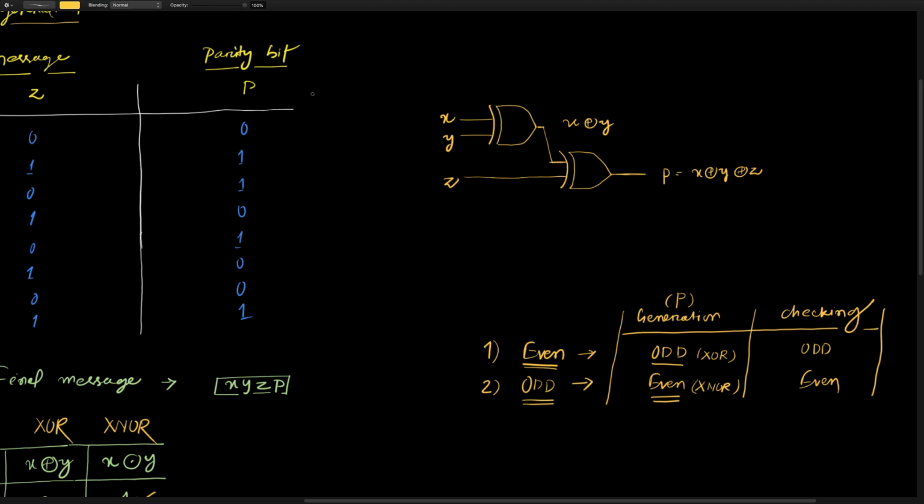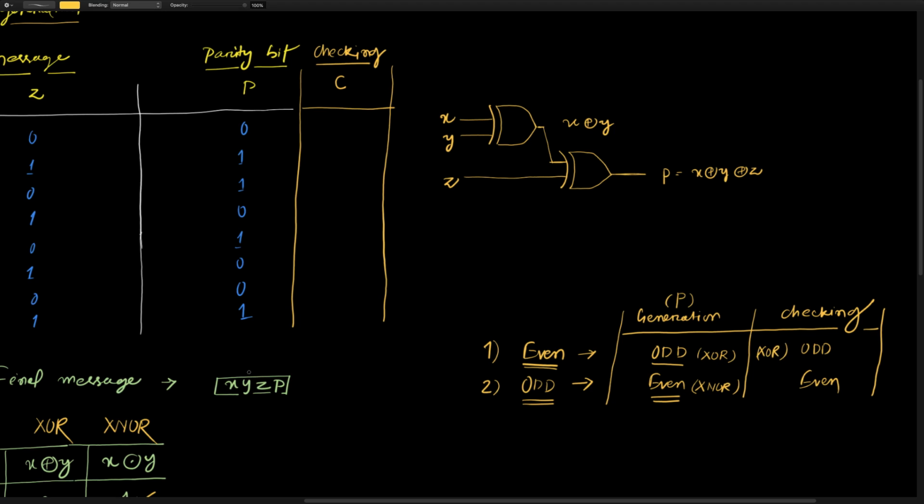Now suppose at the receiving end, we are going to check whether the message received is good or bad. So if checking is used, let that be C, for checking we have to use the odd function, the XOR function.